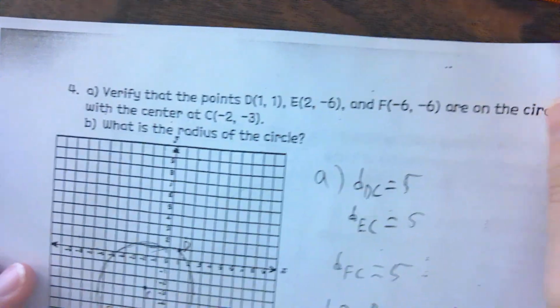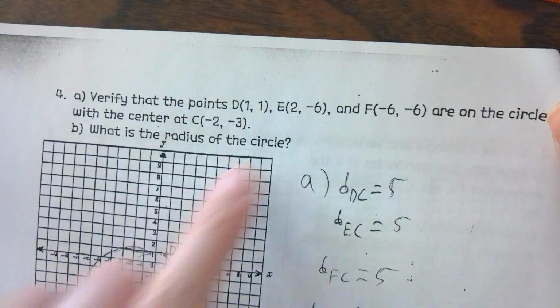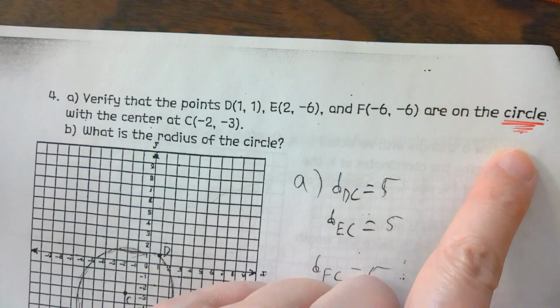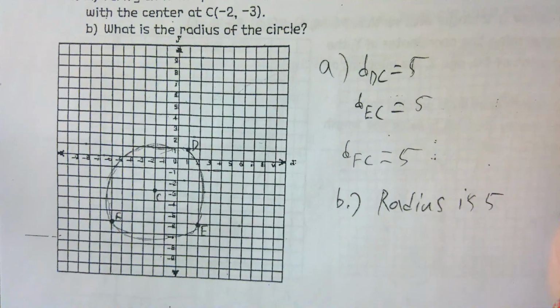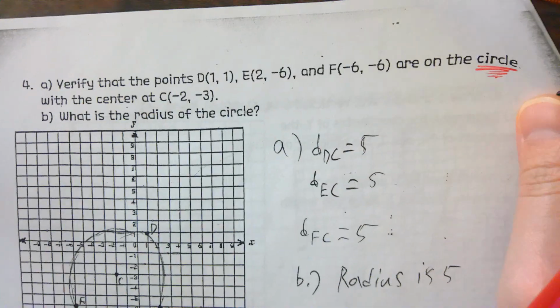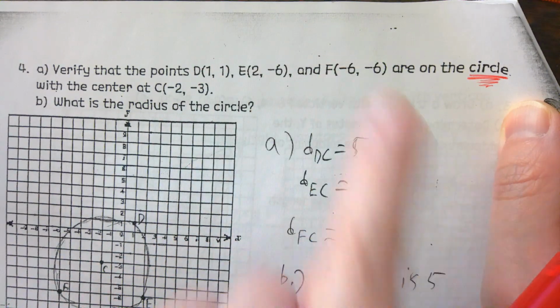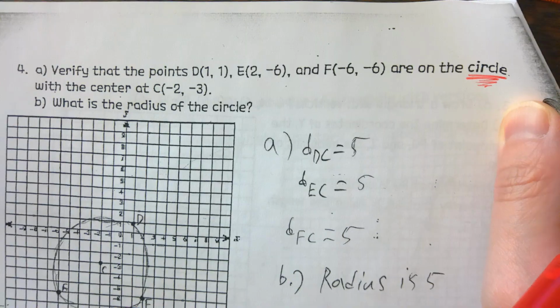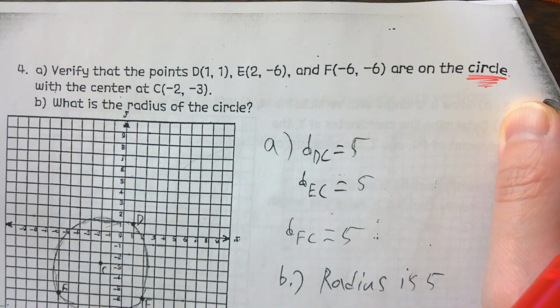Okay. Number 4. Verify that these points are on the circle. So what should I see on my graph? Circle, right. So just because I gave you 3 points, you're not drawing a triangle, you're drawing a circle. We actually did this exact question on Friday.